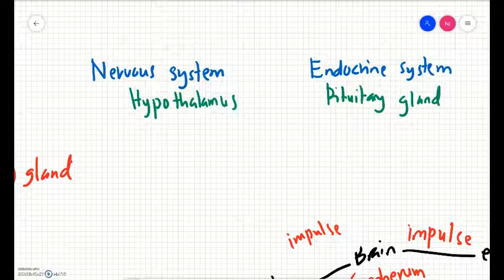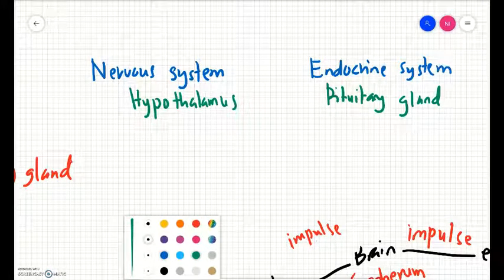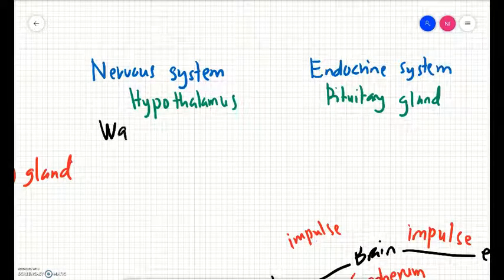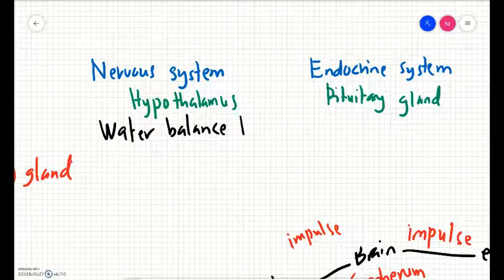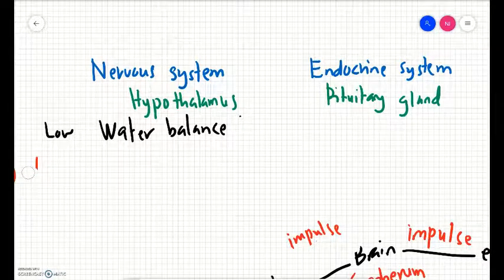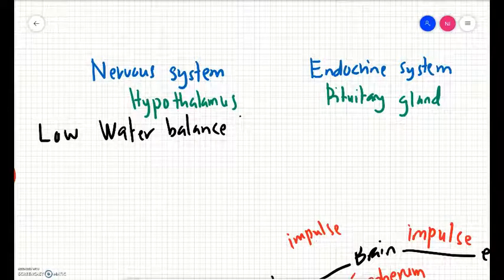Okay, so let's say for this, there's a situation where there's water balance. We have a low water balance. Of course when there's a low water balance, this is not a normal situation.